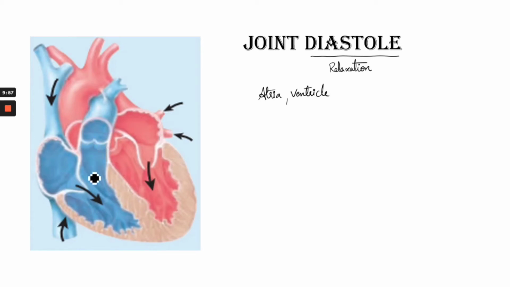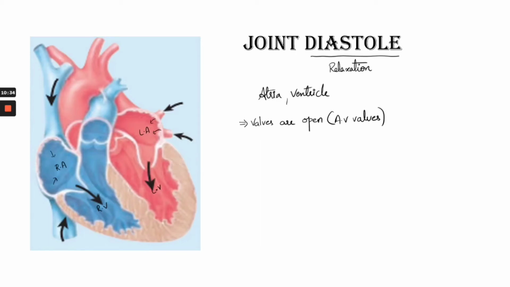If you see this diagram, this is the right atrium, right ventricle, left atrium and left ventricle. Now, blood is coming from the lungs into the left atrium, and from different organs into the right atrium, right? In the relaxed condition, all the valves are open, that too the atrioventricular valves, not the semilunar valves.